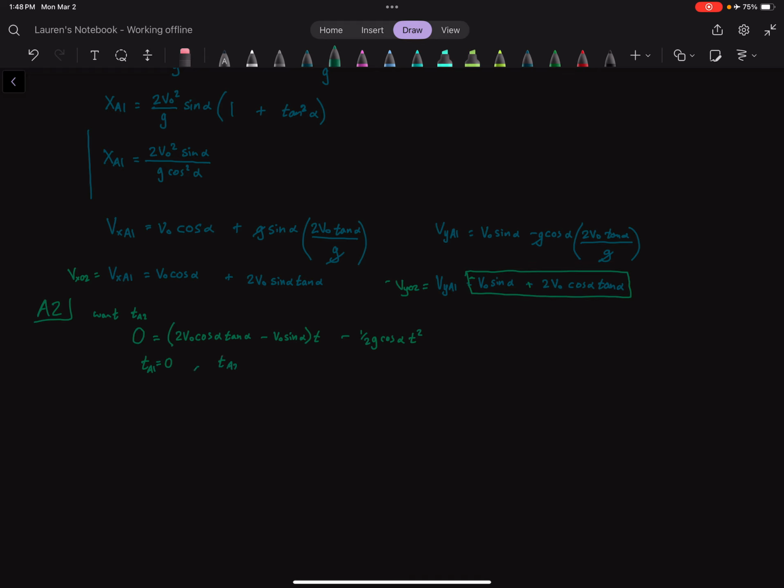And t at A2 is going to be 2 v naught cosine alpha tangent alpha minus v naught sine alpha divided by this 1/2 g cosine alpha, because we would have pulled the t out, and then you bring this guy over, and then you divide that guy, right? Okay.